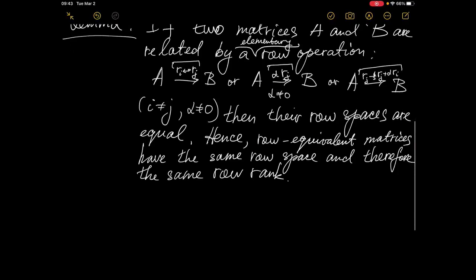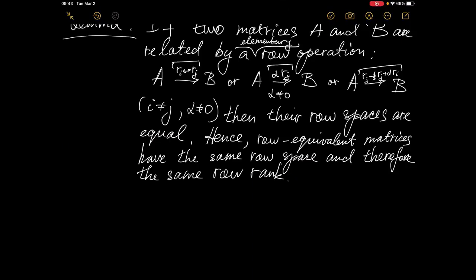Because each row of B is a linear combination of the rows of A, we can say that each row of B is an element of the row space of A, right?